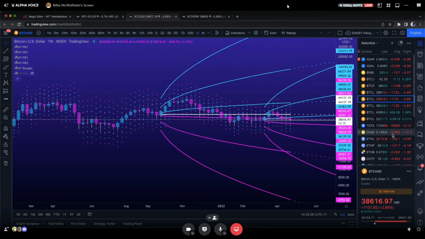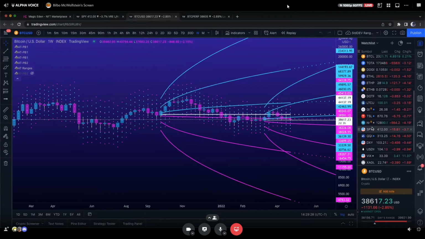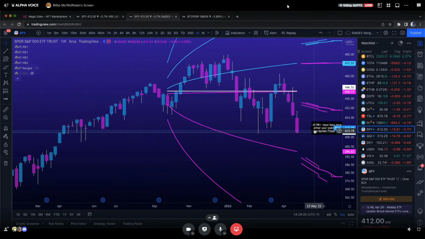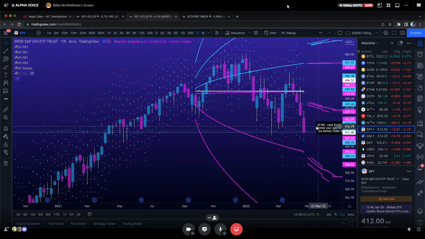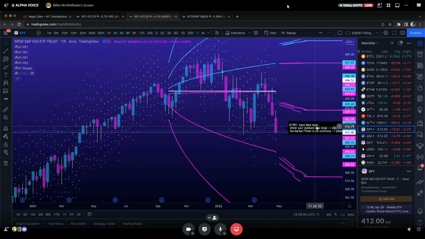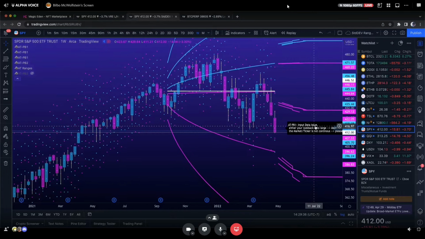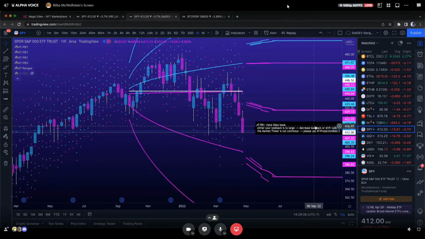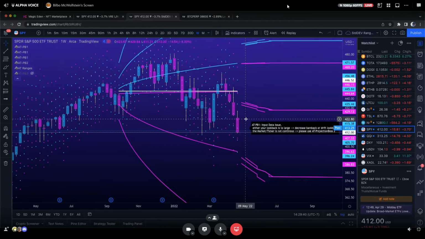Let's take a quick peek on the weekly. I'm gonna throw some projections on here. For crying out loud, SPY's a train wreck. But one good thing, I don't have to tell those of us that use the distribution, you can tell already, last 4 weeks, what you're about to see.